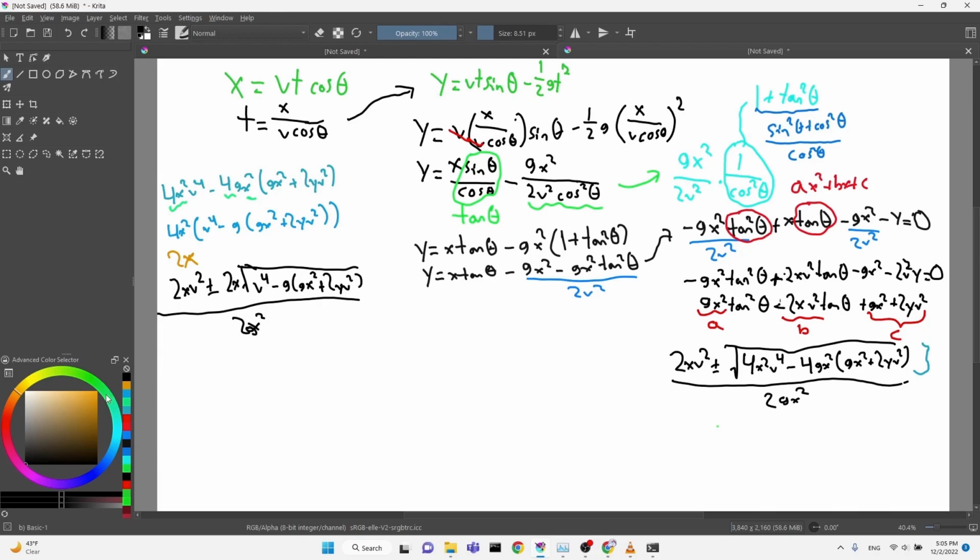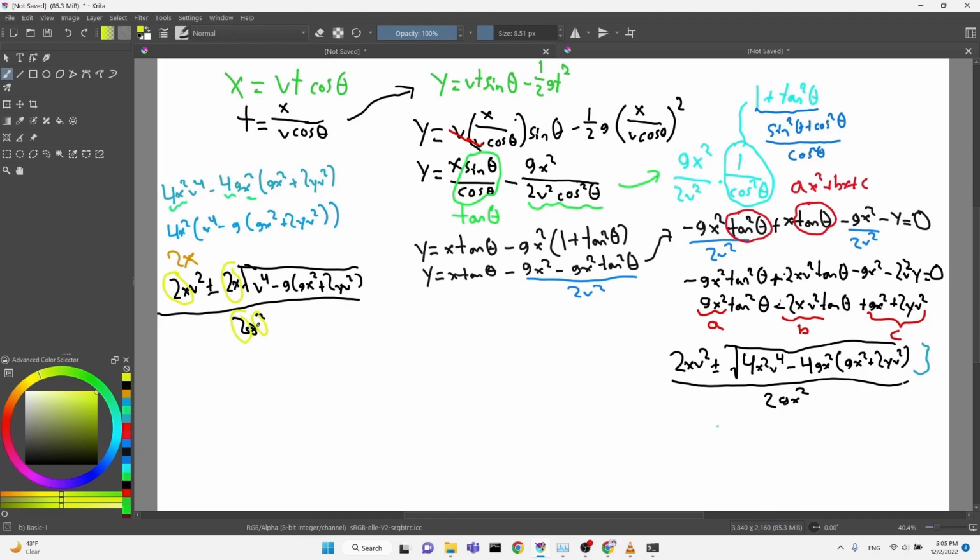Now, another thing you notice, we notice that there's another thing we can factor out. You see this over here? This all has a common factor of 2x.